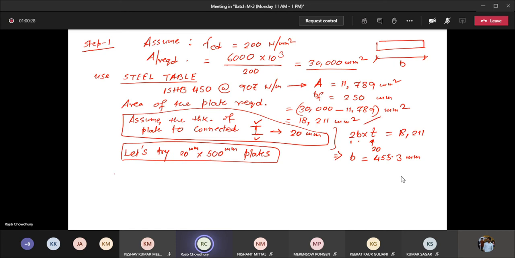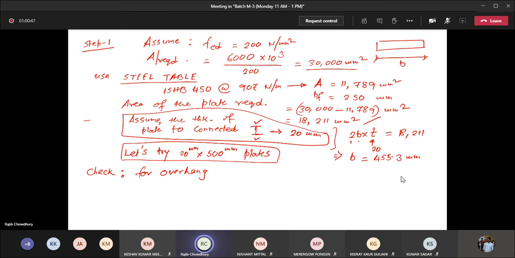Now what is the overhang? You have to make a check over here. What is that check for? Check for overhang. Why is the check for overhang required? Do you know what is meant by the overhang?